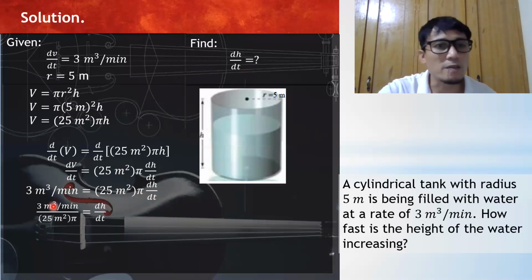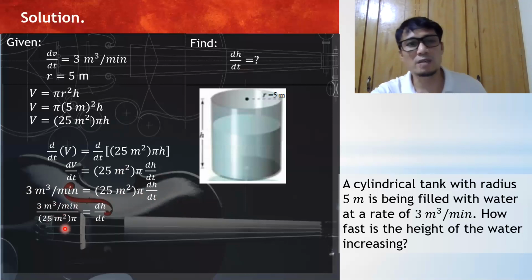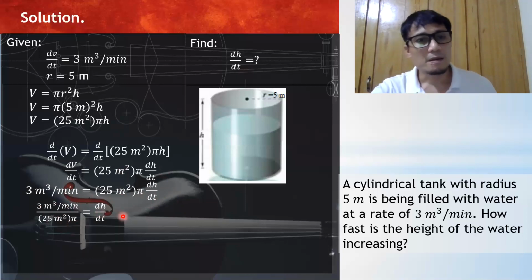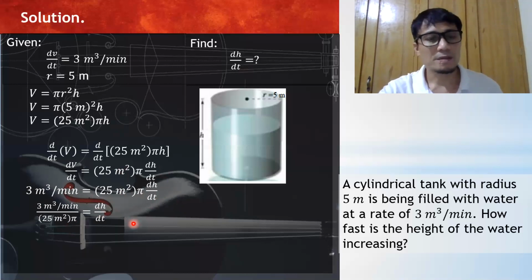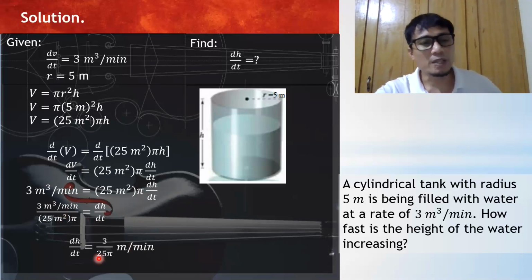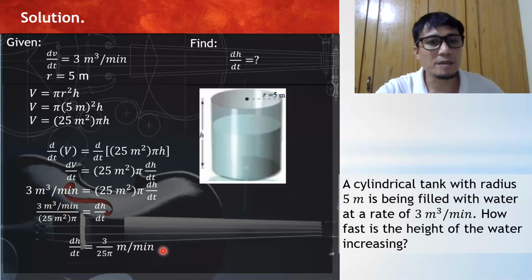Okay, so you have 3 cubic meters per minute over 25 meters squared times pi equals dH/dt. It means that the meter squared here will cancel, so you are left with meter per minute. So your dH/dt is 3 over 25 pi meter per minute.